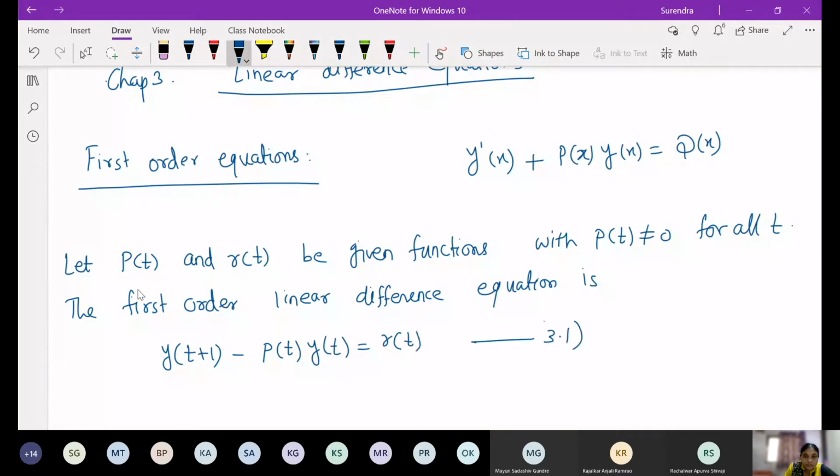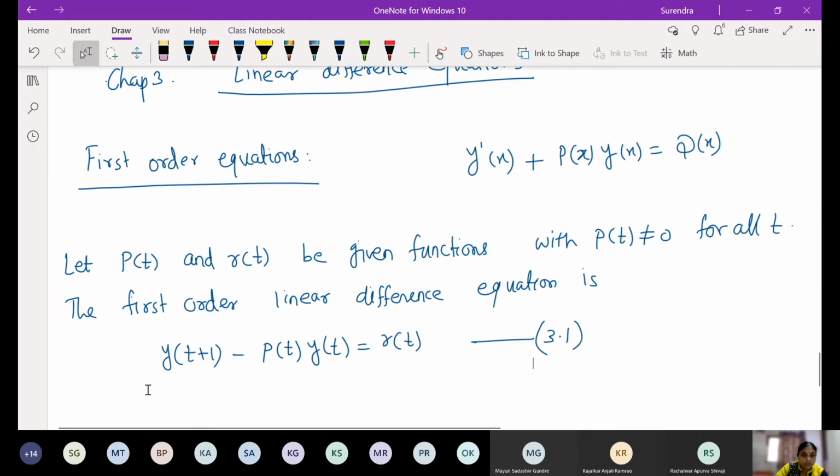This is a very important equation. Many times we will use this 3.1. So 3.1 denotes the first order linear difference equation y(t+1) minus p(t) y(t) equals r(t). Why are we saying it is first order? Because you can see we are evaluating the difference y(t+1) minus y(t).